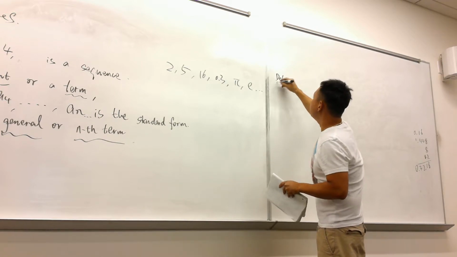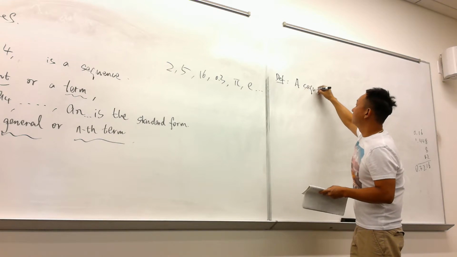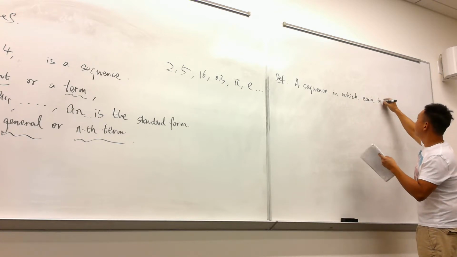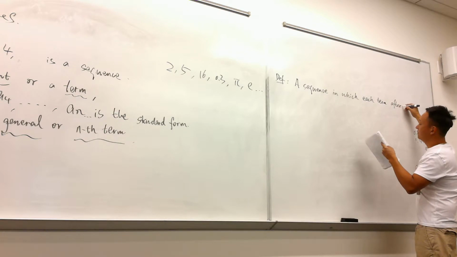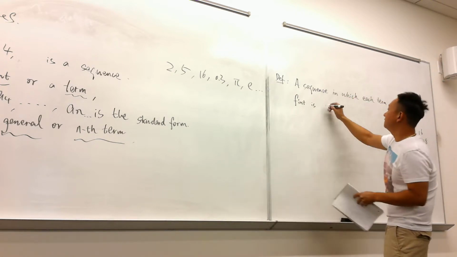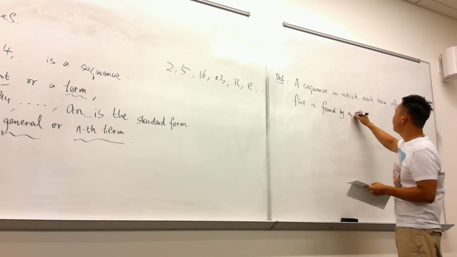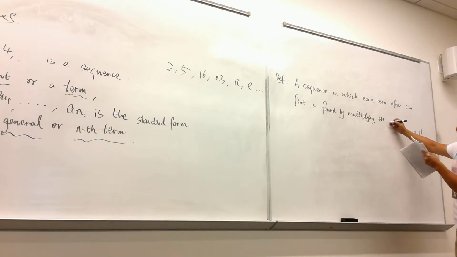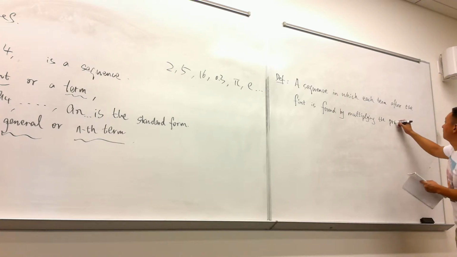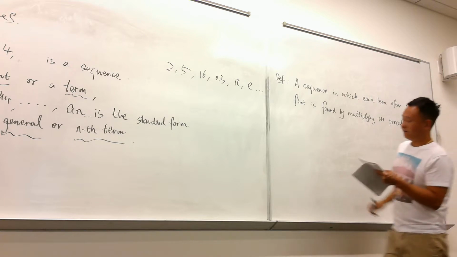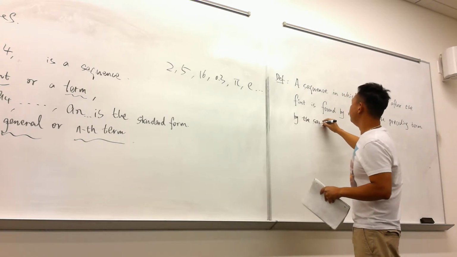So here is the definition, okay? A sequence in which each term after the first term is found by multiplying the preceding term by the same number.